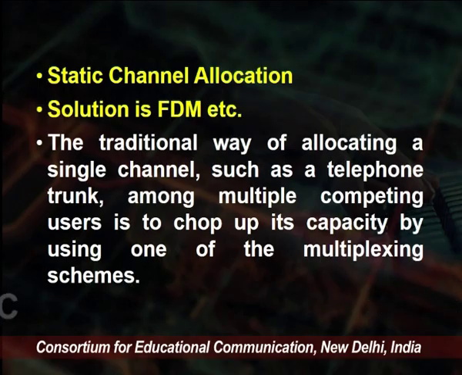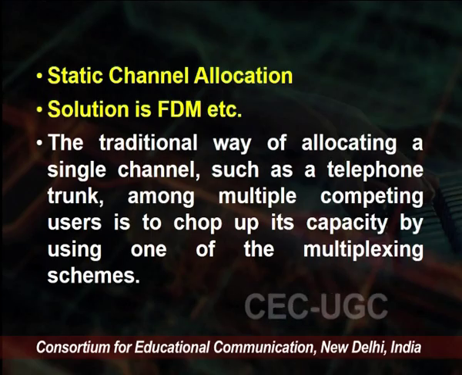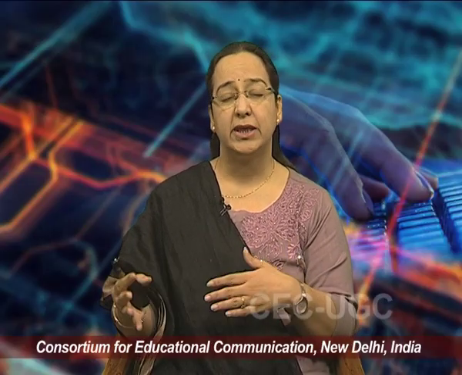If that channel is to be allocated among multiple competing users, FDM or TDM says that we need to chop up either the capacity or the time using one of the multiplexing schemes.